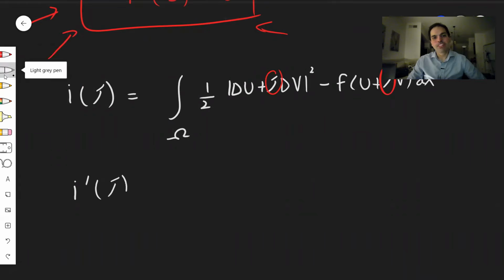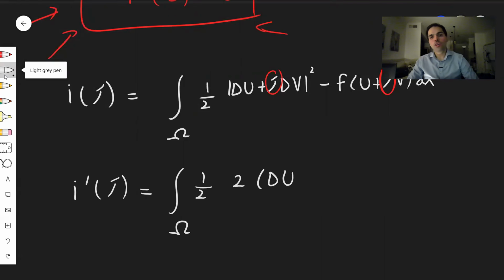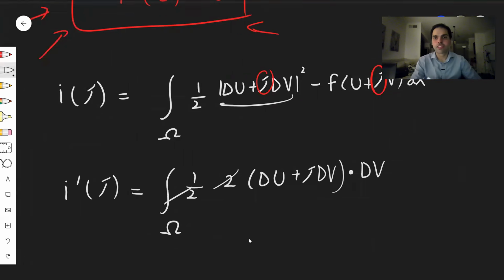So i prime of tau is the integral over omega, and then let's see. So 1/2, use the chain rule. So 2 times gradient of u plus tau gradient of v, and then you differentiate this with respect to tau, which again, this is constant, becomes 0, and you get gradient of v. But here we have a vector, here we have a vector. So to make a scalar, you dot it. You can also do it by component, it's fine.